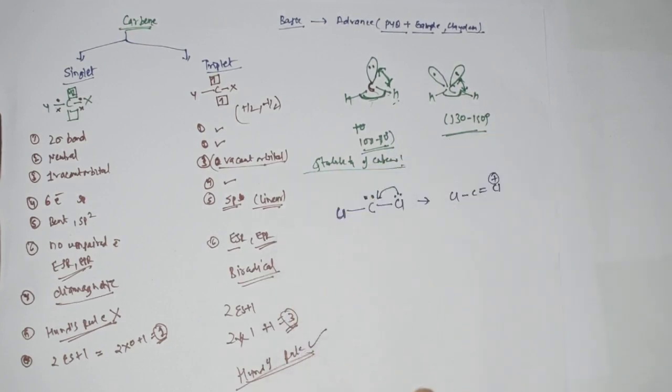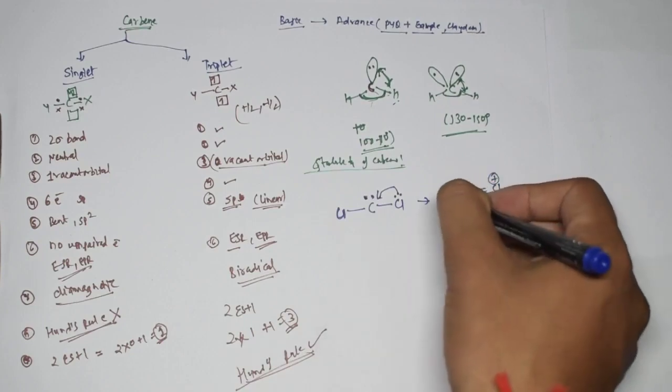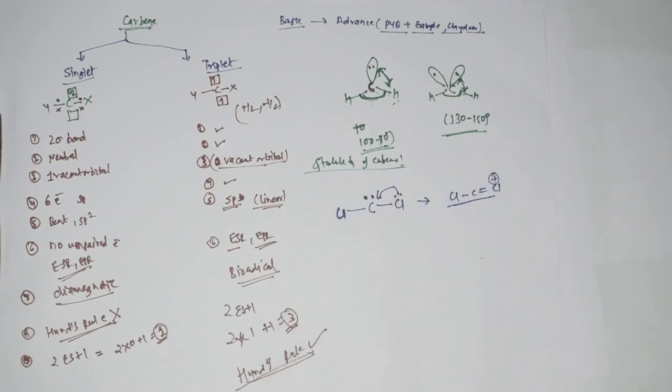Here Cl positive charge will come onto this one, right? Because Cl has donated its electron to this carbene. So positive charge will come, and that is actually the reason why this carbene will get stabilized, right?